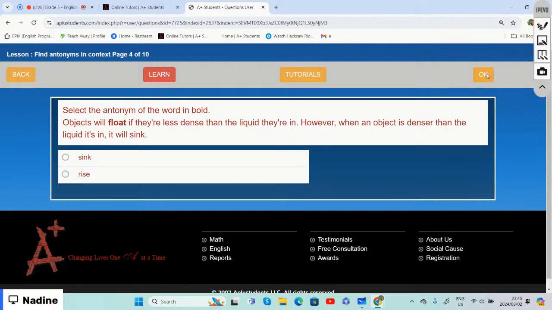We need to select the antonym of the word in bold. It says objects will float if they are less dense than the liquid they're in.